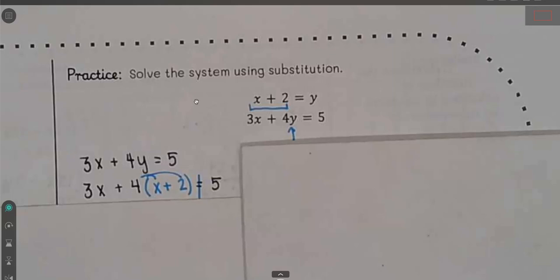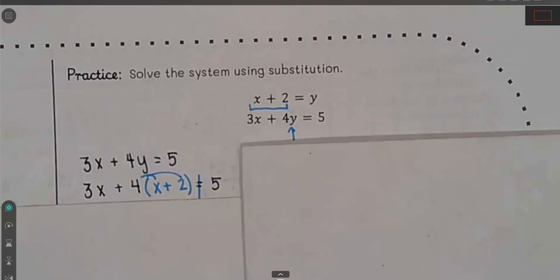I just didn't finish the problem. I was doing it. You know? No, sorry.